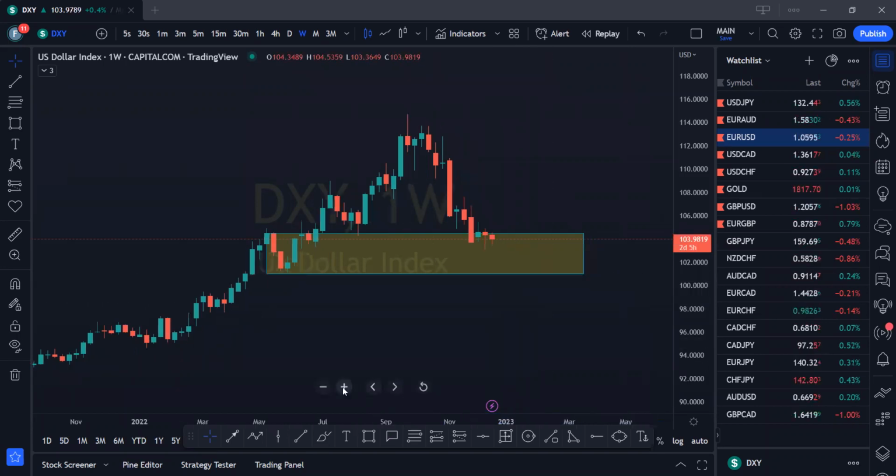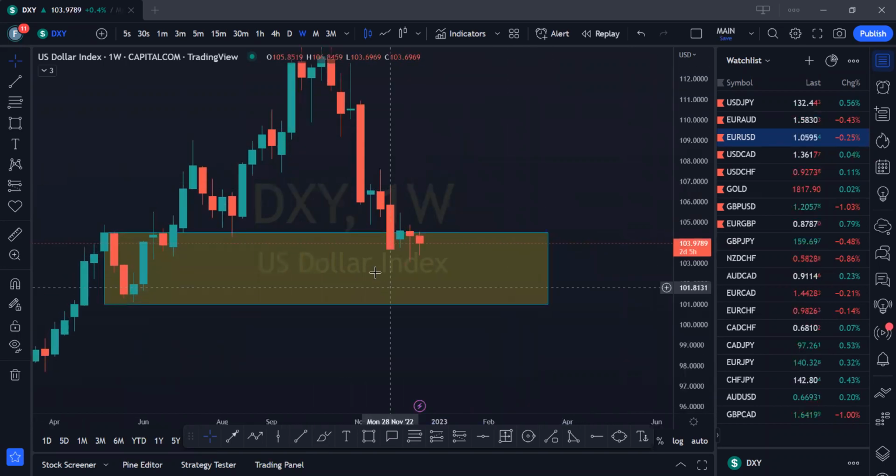And then what can we also see in this demand zone? We can also see activity of liquidation here. You can see this liquidity being grabbed, like so. You can see this liquidity here being taken out. All right, so we are anticipating the strength of the dollar, and then that will reflect on every currency pair that the dollar is in.